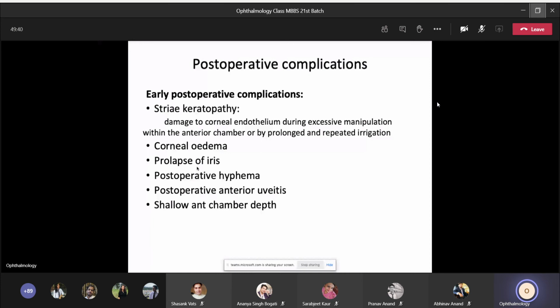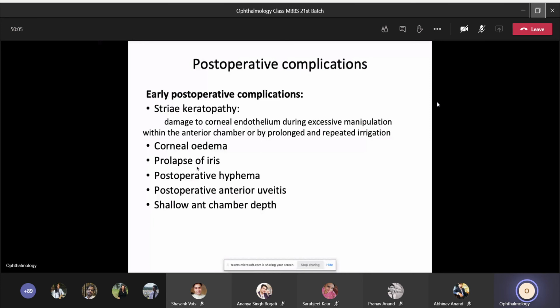Sometimes there may be post-operative hyphema, because there is manipulation of the iris or other structures leading to hemorrhage, continuous hemorrhage leading to post-operative hyphema. And there is post-operative anterior uveitis. After cataract surgery, some amount of inflammation is always there.